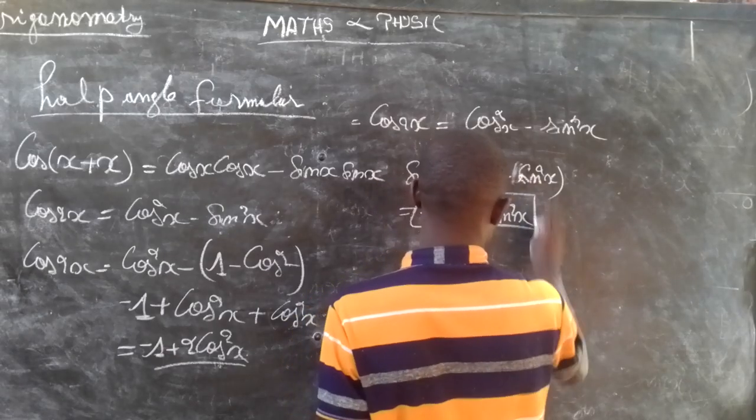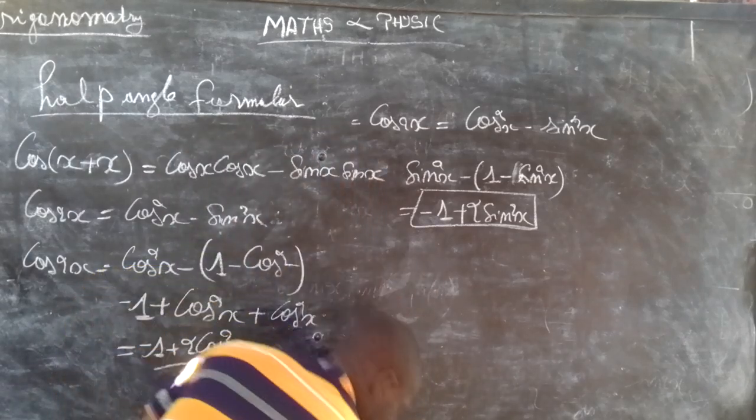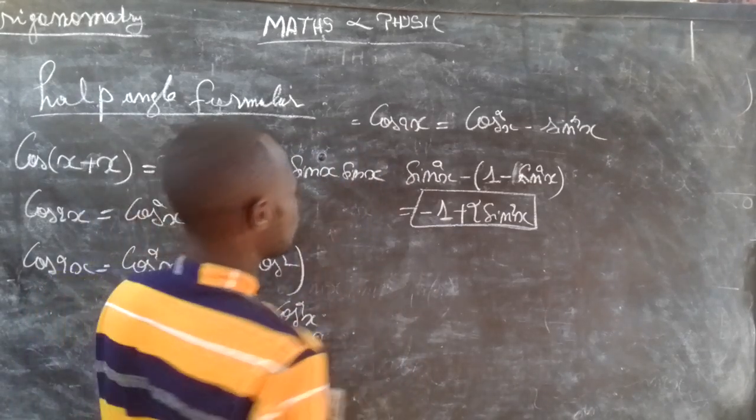So those are the three expressions which are equal to cosine 2x.